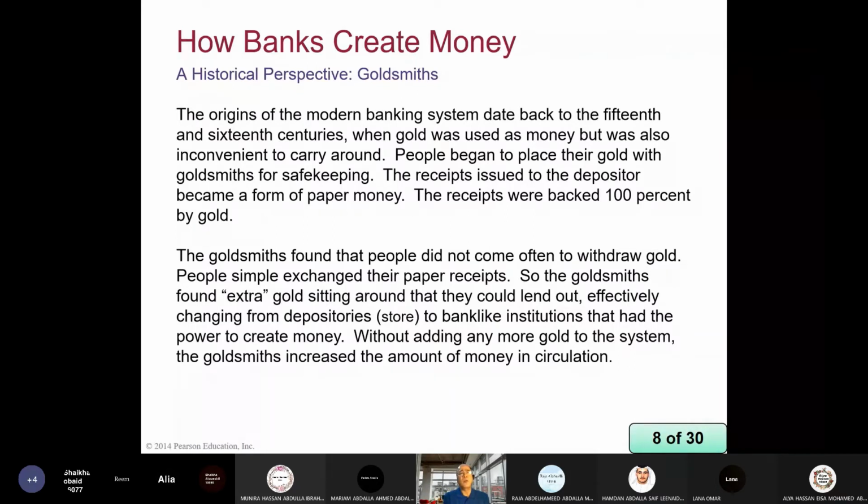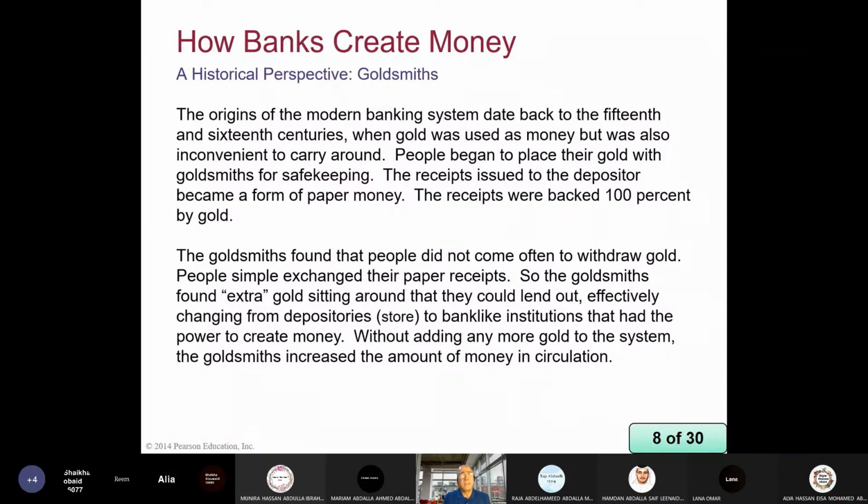So goldsmiths act as a store, as a bank. Because it's dangerous to hold much gold with you, especially in the 15th and 16th century, I will deposit my gold with the goldsmiths.